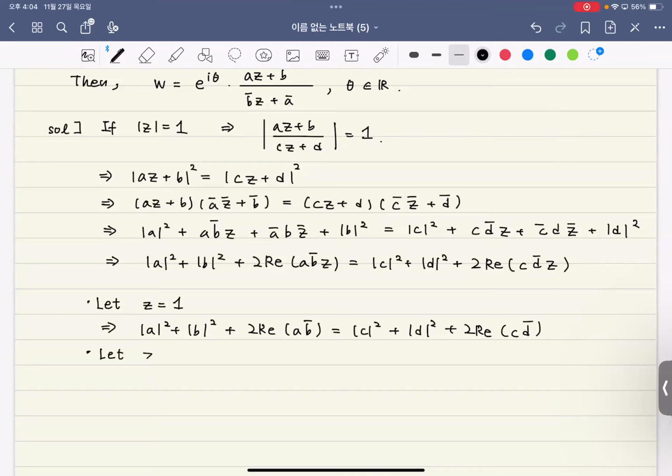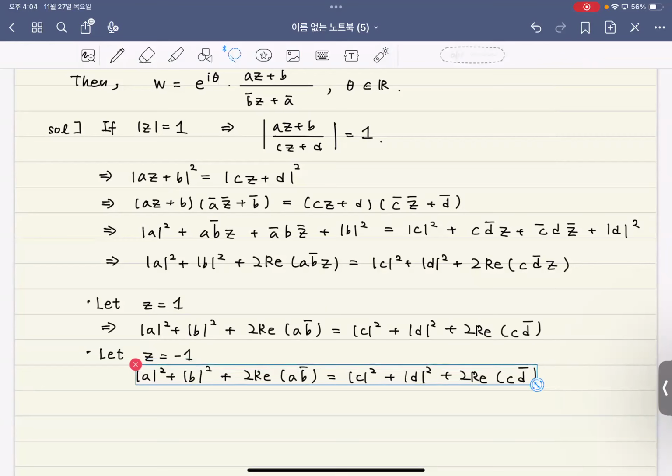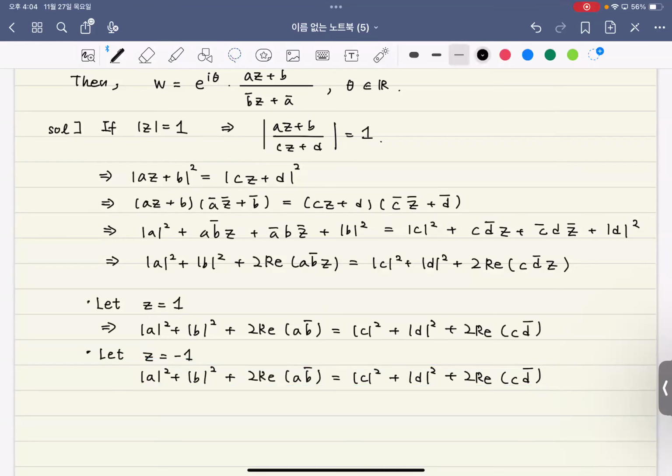If I plug in Z equals -1, I get almost identical relations, but I am supposed to have negative signs here and there. Well, if I have negative signs here, then the negative sign can be taken out of the real part. Okay, good.